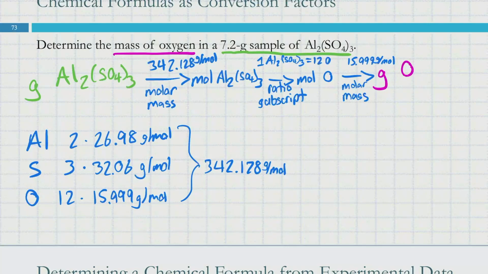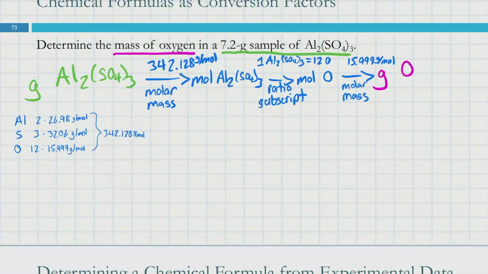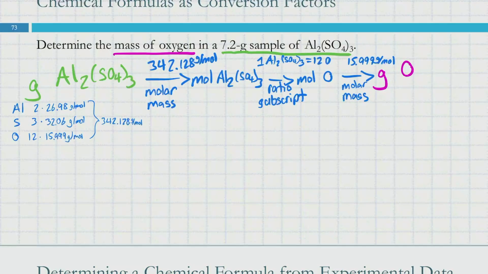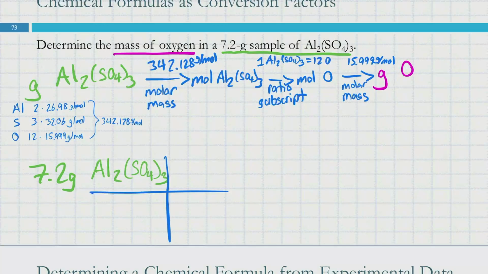Okay, so I'm going to shrink this calculation. And starting with our 7.2 grams, the chemical is aluminum sulfate. We need to divide by our molar mass. So the grams are on the bottom, the moles will be on the top. Grams cancel.